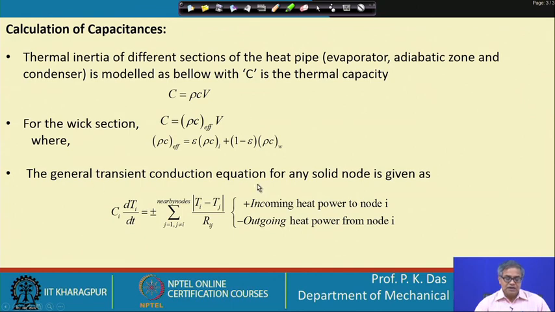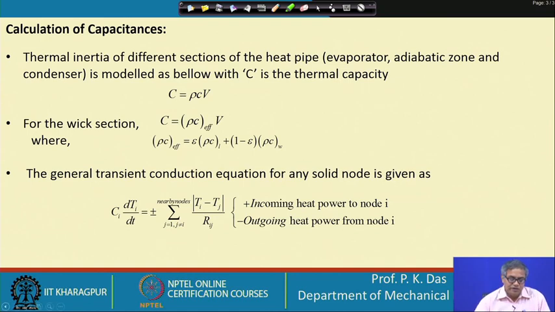Actually, let me tell you that each of the nodes will be denoted by a particular temperature, because it is a lumped element, each of the nodes is a lumped element. So, each of the nodes will be denoted by a particular temperature, and how the temperature is changing with time, that is what we want to look into in our transient modeling.